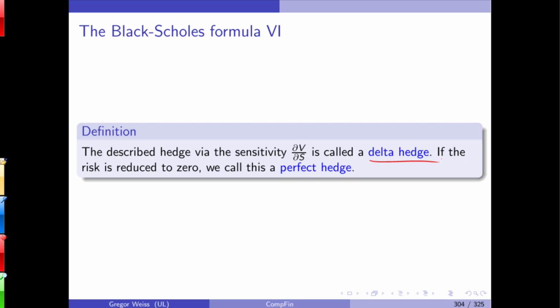The option delta. It's a Greek. The sensitivity of the option price to a change in the underlying price. And in this case, this is also a perfect hedge. We are able to perfectly hedge the risk of this portfolio. Risk vanishes. And now I do what?